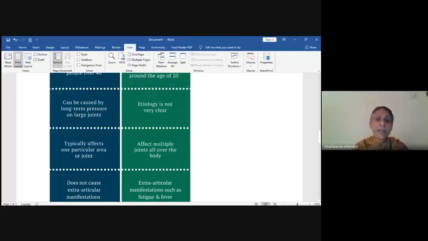Usually over weeks and months, rheumatoid arthritis sets in. Whereas osteoarthritis is a slow, insidious process which takes years and years to build up and to show the effects of the pathology.